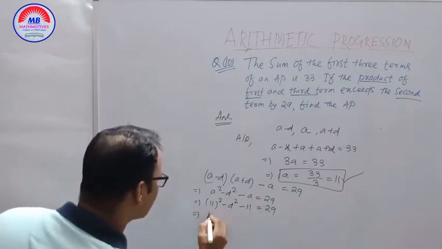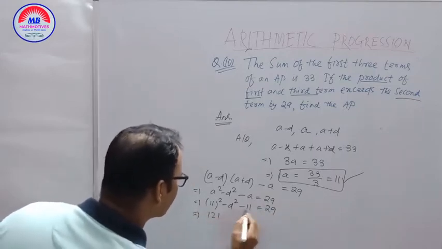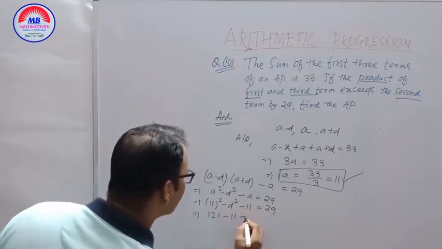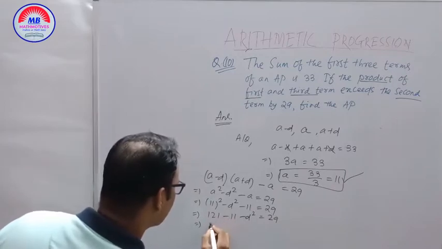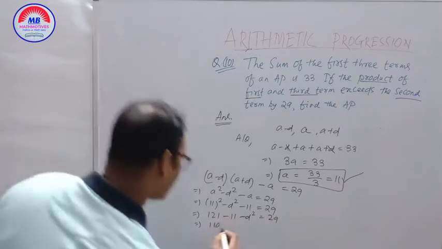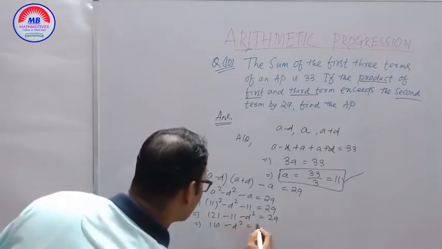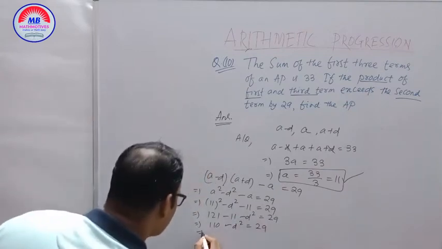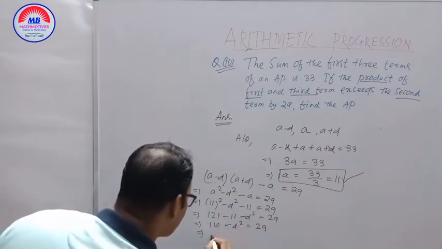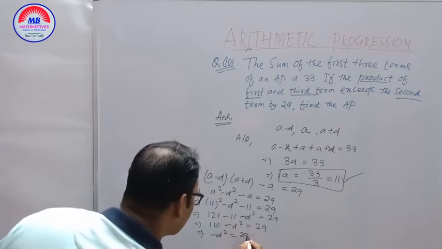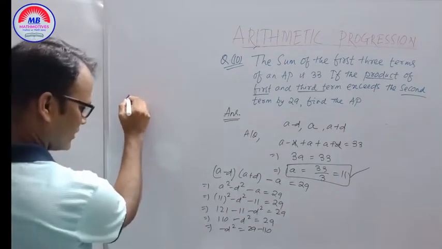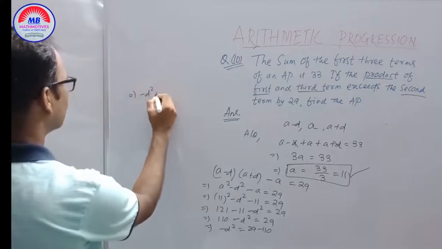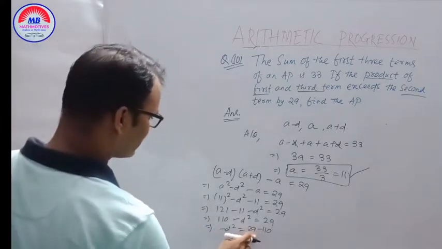That implies 11 square is 121, minus 11, minus D square, 29. That implies it is 110 minus D square equal to 29. That implies minus D square equal to 29 minus 110.